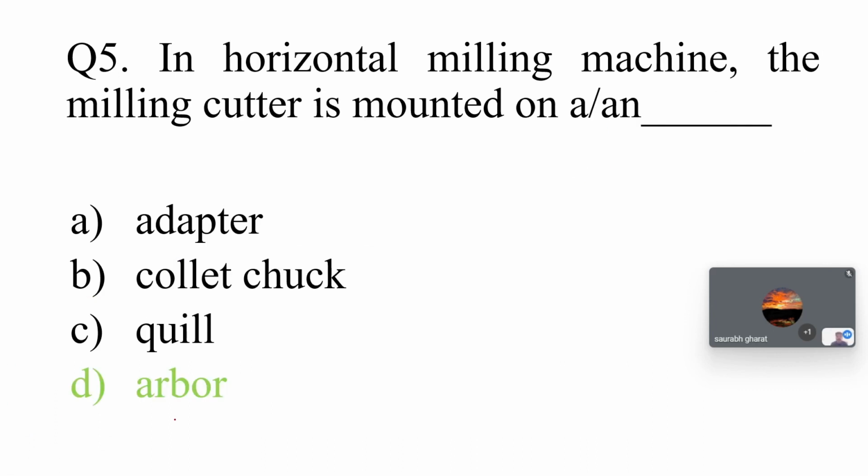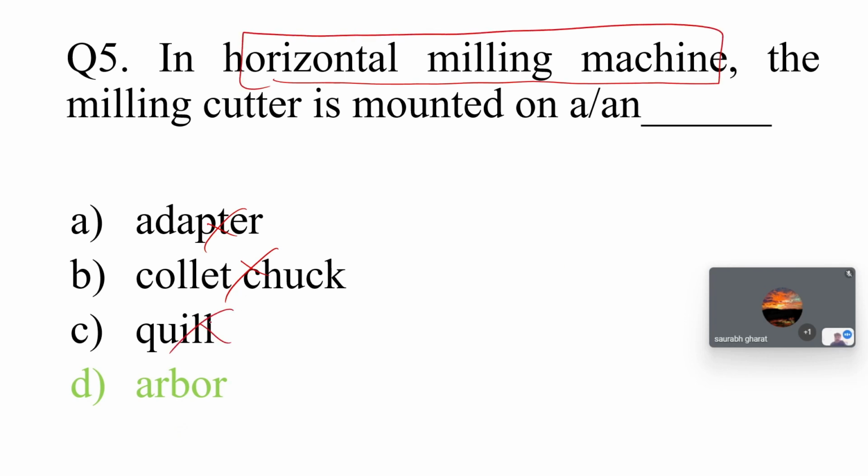Fifth question. In a horizontal milling machine, the milling cutter is mounted on. Adapter is the wrong answer. Collet chuck is the wrong answer. So we are considering the horizontal milling machine. Quill is not the answer. Arbor is the correct answer. You can see in that machine, in those videos, and in the class notes.